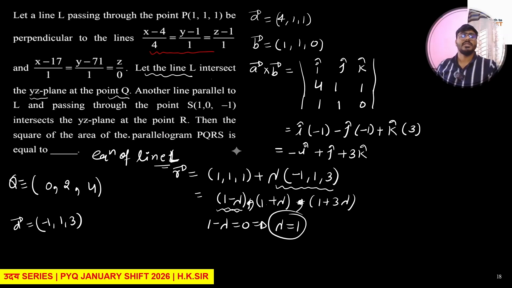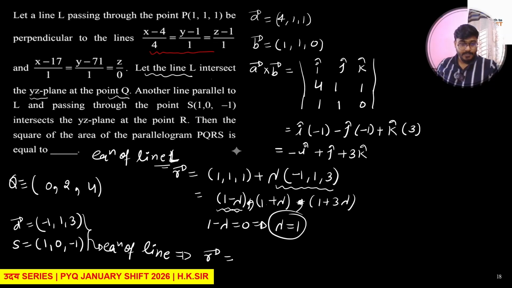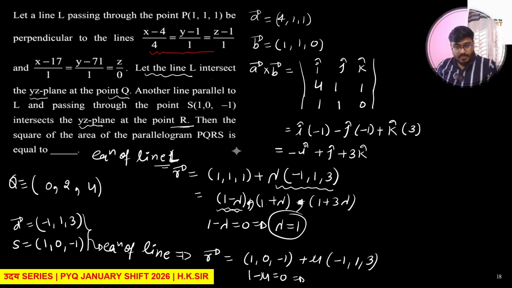Another line which is parallel to this line and passing through point S. So point S is (1, 0, minus 1). So can you tell me the line? Yes, using these two we can write the equation of line: r vector equal to a vector, means point (1, 0, minus 1) plus mu times direction vector (minus 1, 1, 3), and this line intersects yz plane again at point R. Again x coordinate is 0, so 1 minus mu equal to 0, so mu is equal to 1.